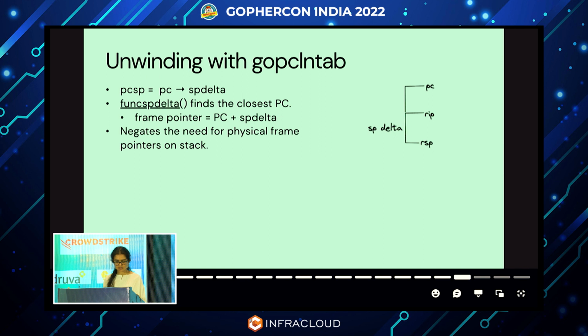And it then adds this to the stack pointer to get the frame pointer. Since the distance between a program counter up to but not including the next program counter is a part of this table, you can see why there isn't a requirement for physical frame pointers in Go, unlike in frame pointer unwinding.